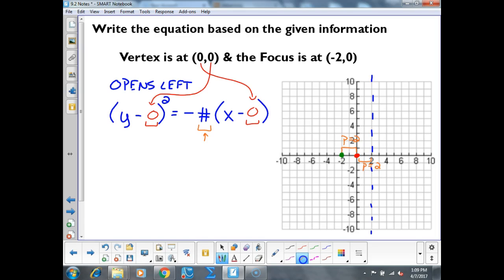It's 4 times P. So 4 times 2 would be 8. So all told, the equation for this scenario is y squared equals negative 8x.